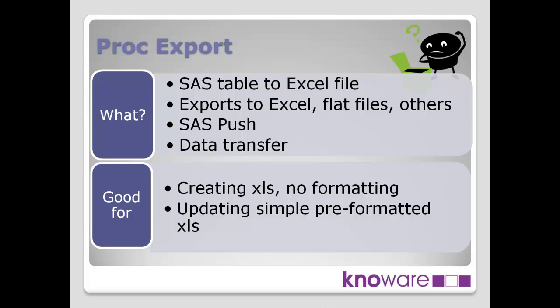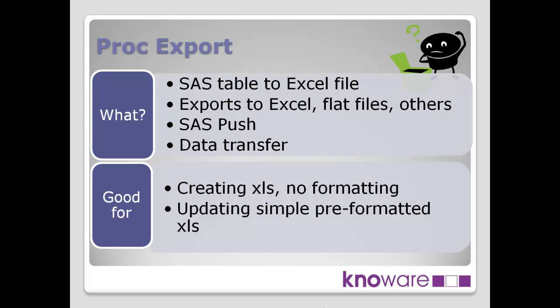What's it good for? It's good for creating Excel spreadsheets, but with no formatting. It's just purely taking the data across and creating a plain and simple Excel spreadsheet. But it's also good for updating simple pre-formatted Excel spreadsheets. Now, this is the first technique in the series that has allowed us to update an existing Excel spreadsheet.